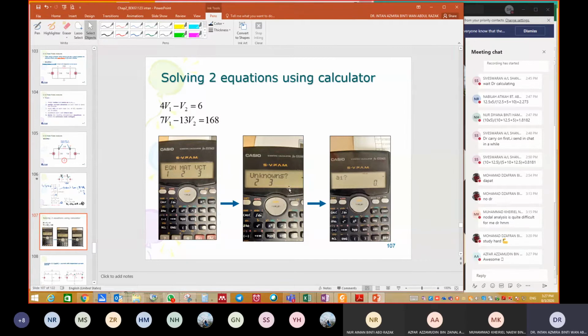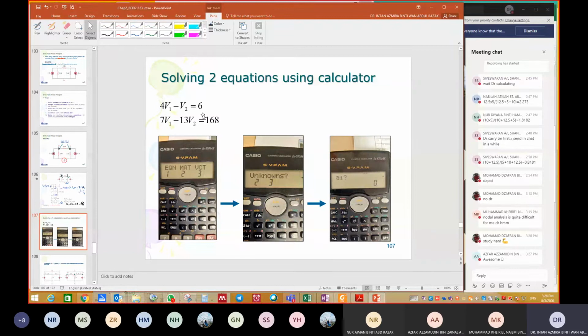How many unknowns? We have 2 unknowns only. Press 2 and then key in the numbers. A1 is 4, B1 is minus 1, this is minus 1 V2, and C1 is 6.